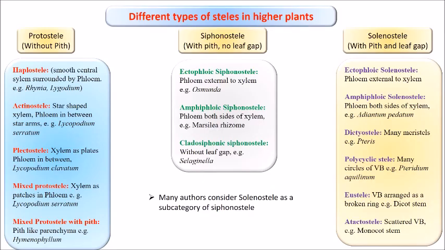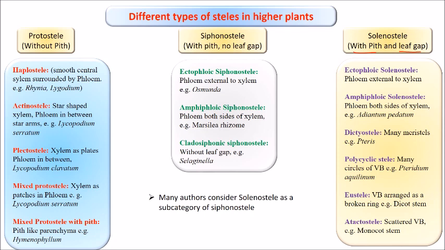And this is the summary of all slides, that means different types of stele, that is Protostele, Siphonostele and Solenostele. The basic difference between the three is that Siphonostele has no leaf gap. In Solenostele there is a leaf gap.